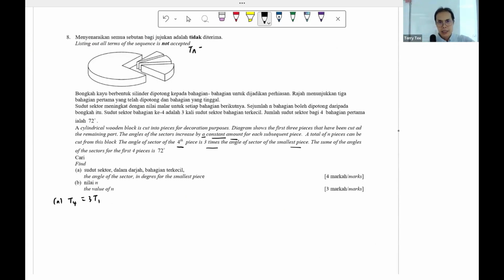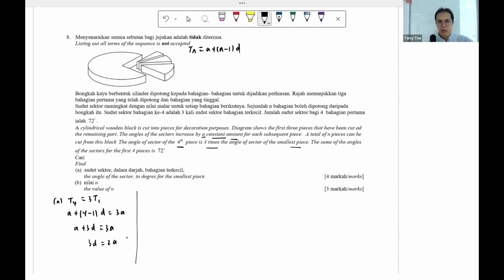Dn, remember, is a plus (n minus 1)d. My a, I don't know. n minus 1, 4 minus 1, d. Your D1 is a. So we can write a plus 3d is 3a. Bring your a over. You can say 3d is 2a. Now, I don't know what to do. Should I make a the subject?